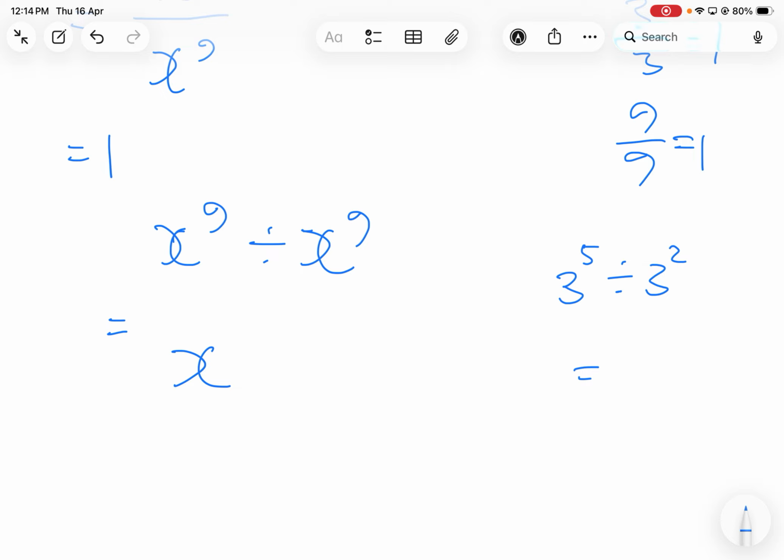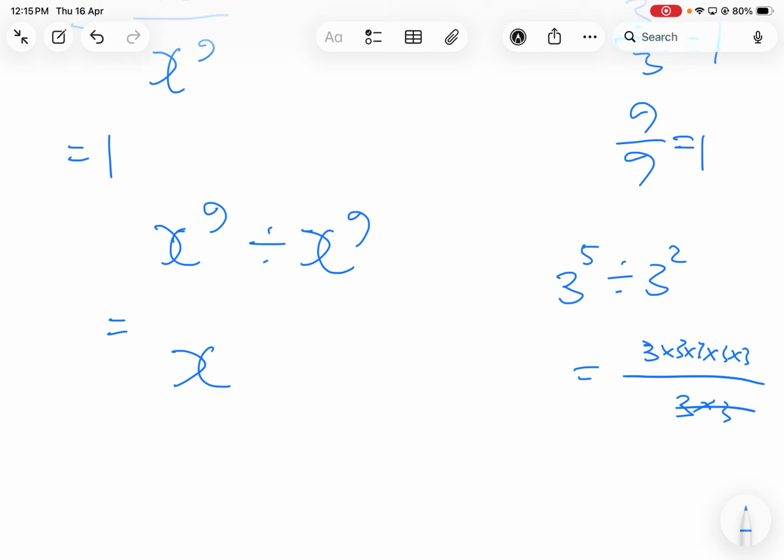Okay, Ashari, I also told you all, if you forget, you go back to the basic. 3 to the power of 5 means 3 times 3 times 3 times 3 times 3. Then you divide by 3 times 3. So what will happen? You will cancel the 2 3's here with the 2 3's on top.